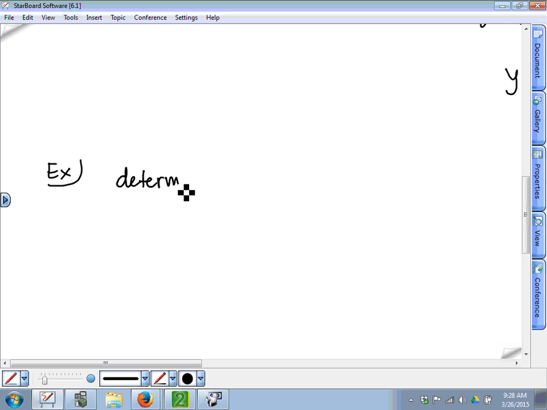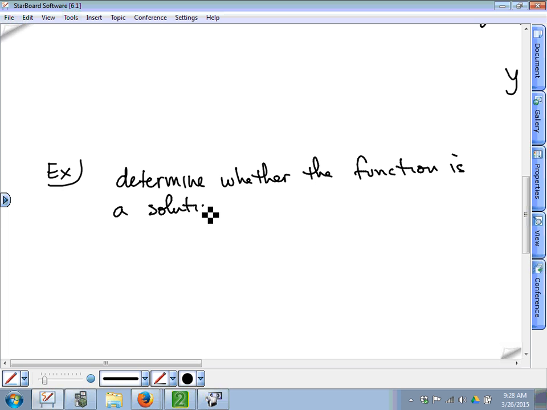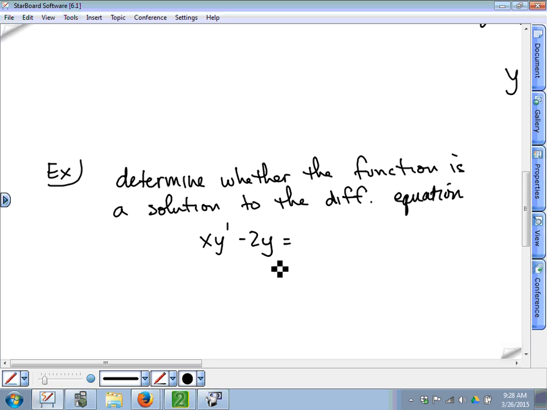Determine whether the function is a solution to the differential equation xy prime minus 2y equals x to the third e to the x.